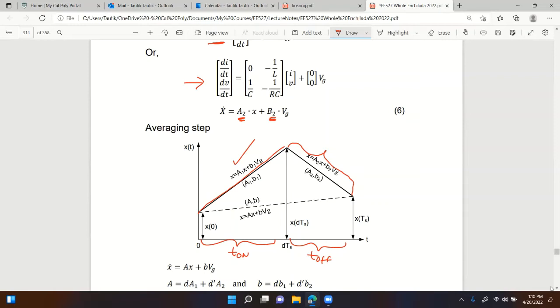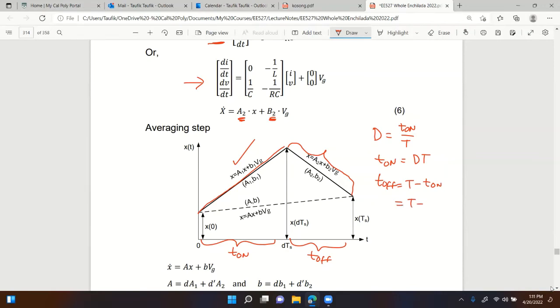And as we learned from EE410, duty cycle is equal to T on over T. So therefore, T on is equal to dT, and then T off must be, oops, sorry, T off must be T minus T on.